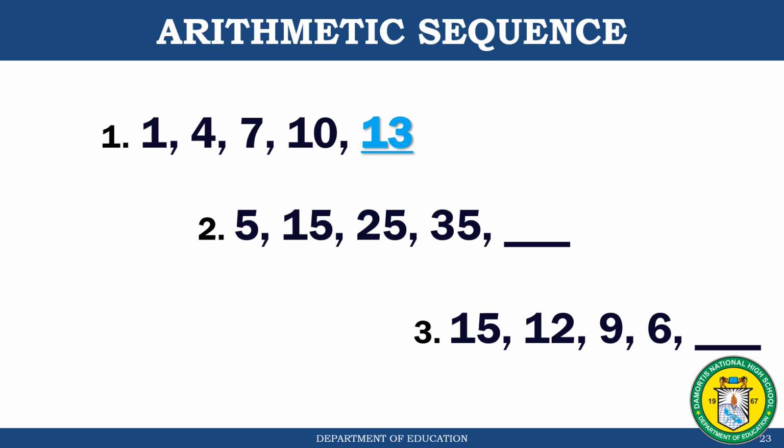What about number 2? What will be the next number after 35? Correct. The answer is 45. What about number 3? What will be the answer after number 6? Definitely correct. The answer is 3. So let's try to observe the sequences.